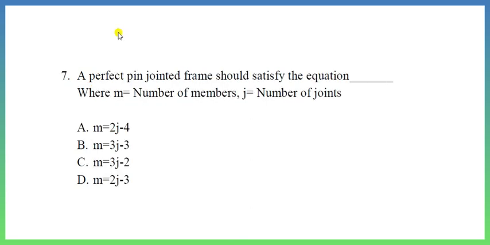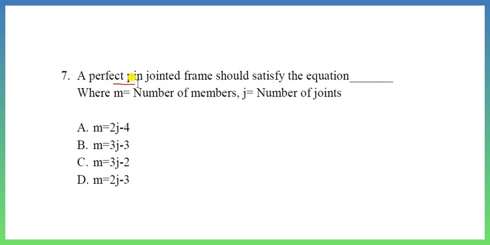Next question. A perfect pin jointed frame should satisfy the equation where m is equal to number of members and j is equal to number of joints. So option A is m is equal to 2j minus 4, B m is equal to 3j minus 3, C m is equal to 3j minus 2, and option D m is equal to 2j minus 3.